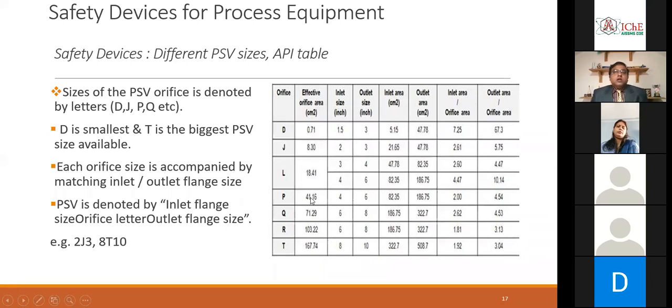PSVs are not tailor-made. They are off-the-shelf equipment. You cannot tell the PSV manufacturer, okay, give me an exact 22 centimeter square PSV. No, only these PSVs are available, and you have to choose one among them. That's why I do a calculated orifice area and I select the PSV based on this table, which suits my demand.